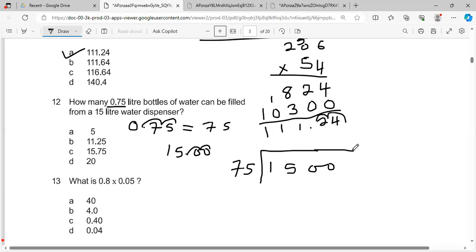So 75 into 1, you can't. 75 into 15, you can't. 75 into 150, 2. Very good. And then 2 times that will give you 150. So easy it is. So you subtract and you're gonna get 0. Carry down the 0. 2 into 0, 0.